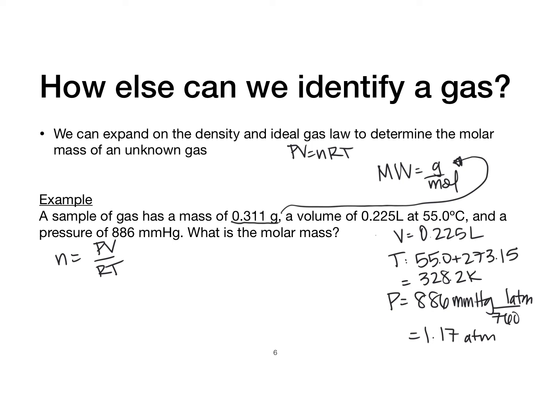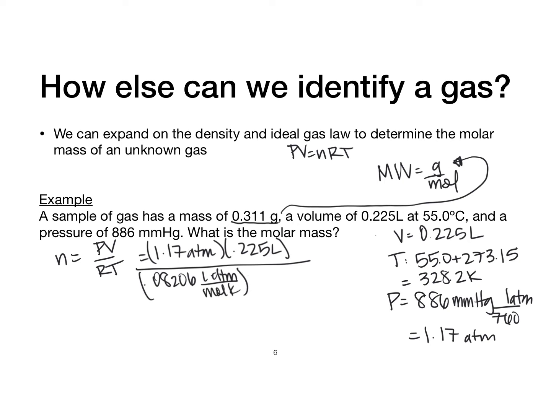So now we can plug this into our calculation of 1.17 atmospheres multiplied by 0.225 liters divided by our R value of 0.08206 liters atmospheres per mole Kelvin multiplied by our temperature of 328.2 Kelvin. So this gives us 0.00978 moles.